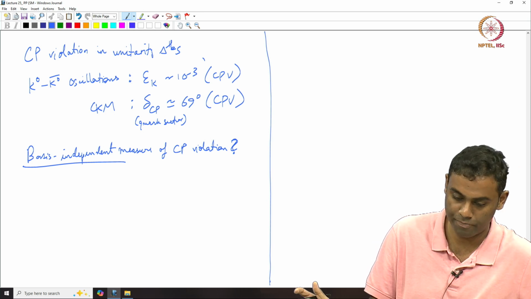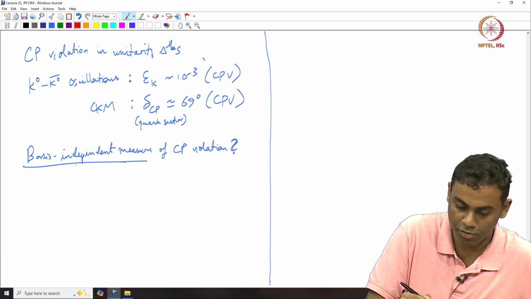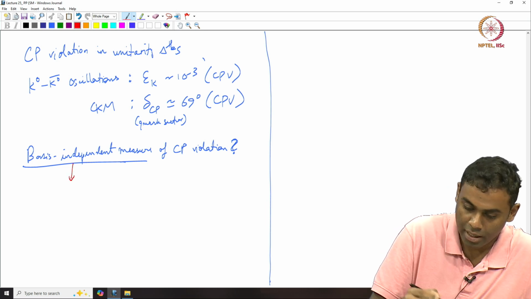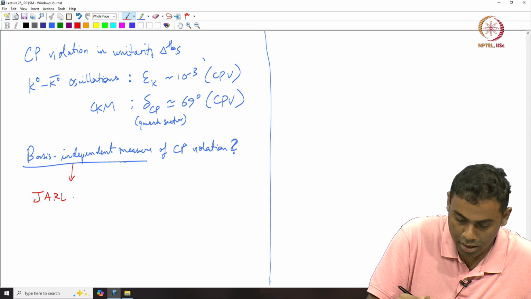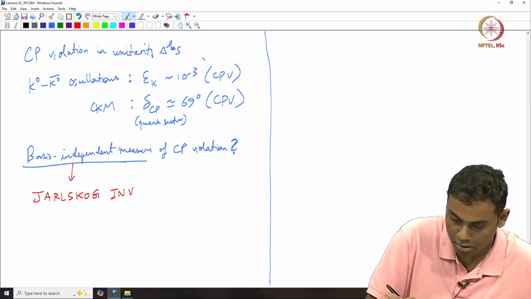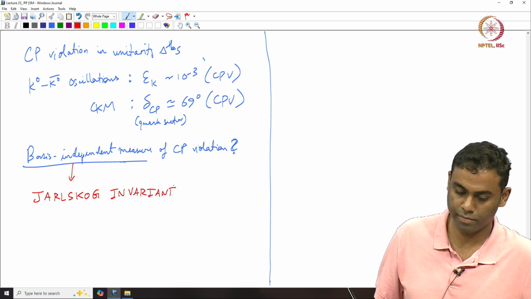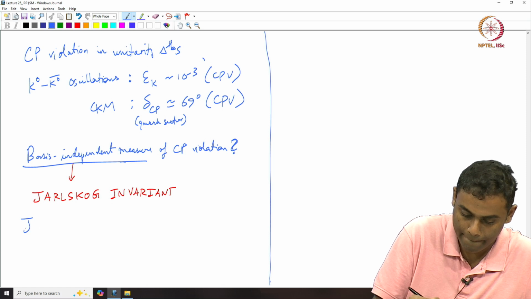First of all, I am going to tell you the name of this basis independent measure. It is called the Jarlskog invariant. What is that?